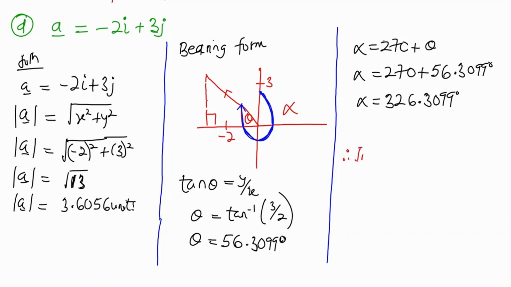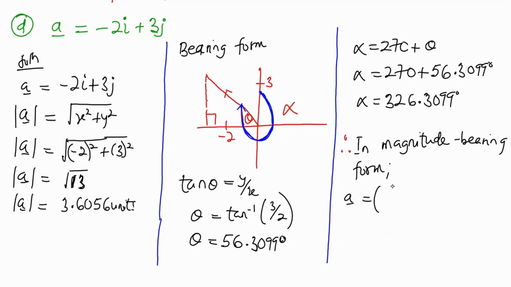So once we have this, then we can finally conclude by saying that therefore in magnitude bearing form, you can say that A is equal to, now the magnitude here is 3.6056 units, comma, the direction here is 326.3099 degrees.